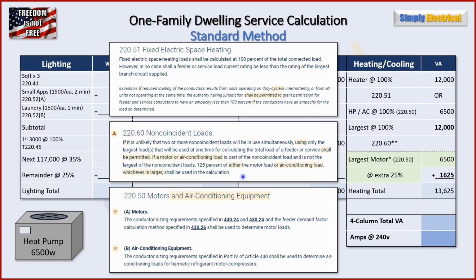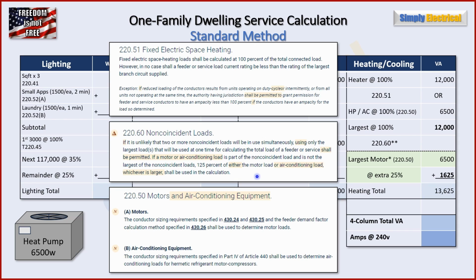They're saying that if you have a motor or air conditioning load and it's part of the non-coincident load, so it's not going to be on simultaneously with some other load, and is not the largest of those two loads, then you have to add 125% of either the motor load or air conditioning load, whichever is larger, and that'll be used in your calculation.